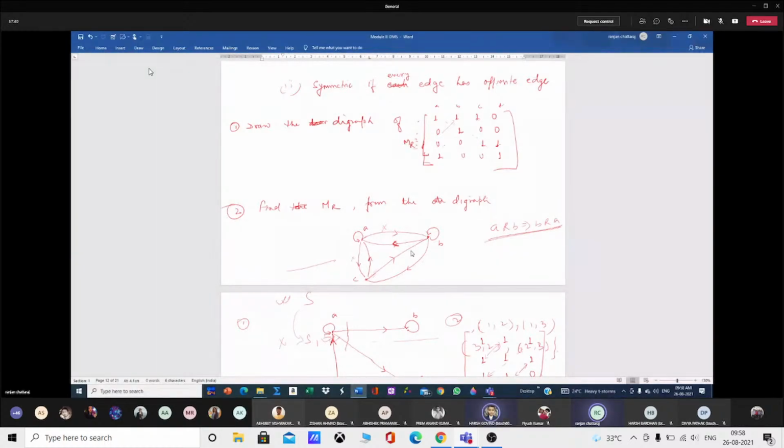And a relation is symmetric if and only if for every edge between distinct vertices in its diagram there is an edge in the opposite direction also.